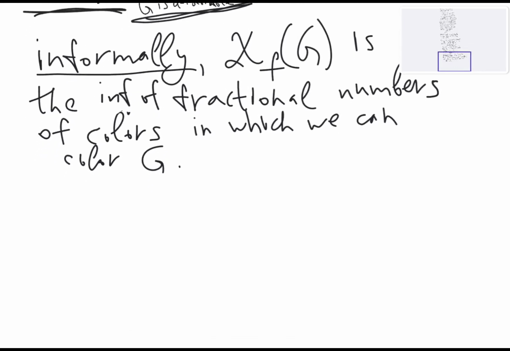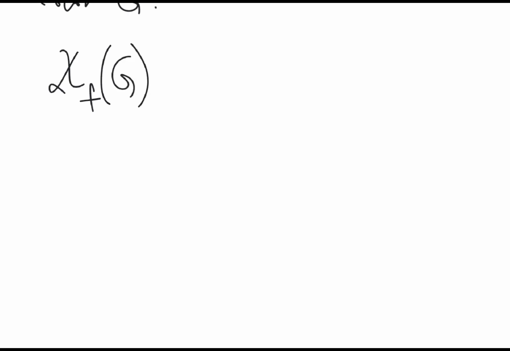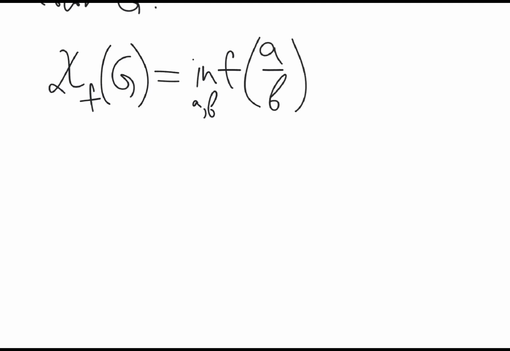So first we notice that in the definition, let's write again: the fractional chromatic number of G is equal to the infimum over all a, b of a over b, such that G is a colon b colorable.